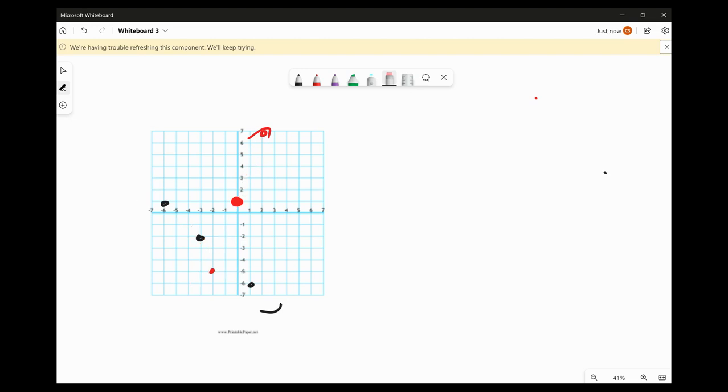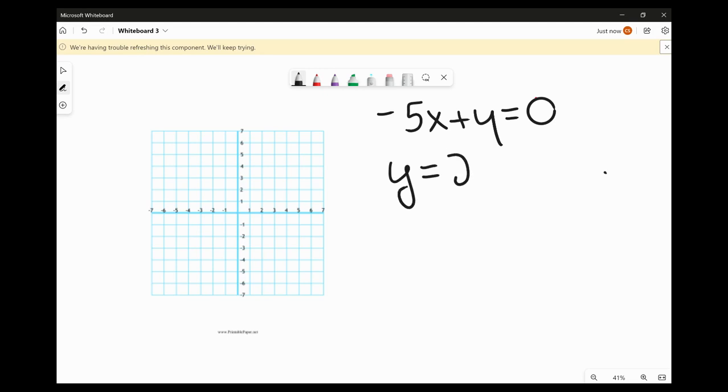For instance, I have -5x plus y equals 0, and then another one. So these are the two lines that I'm going to do.